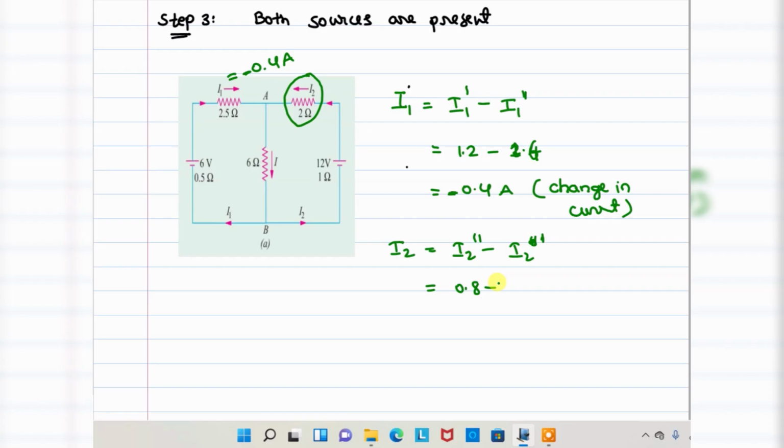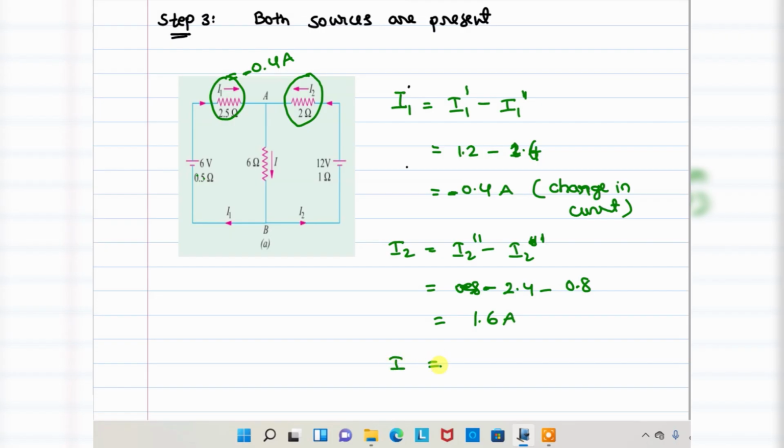Why did I consider I1 prime minus I1 double prime? Because here the original direction is the same as I1 prime. Just a small logic here. The battery is going to be charged in this case. Here I2 is equal to 2.4 minus 0.8, that is equivalent to 1.6 amperes.